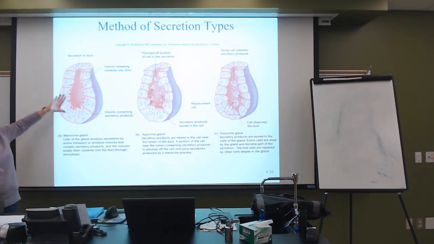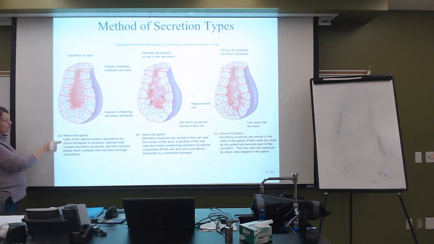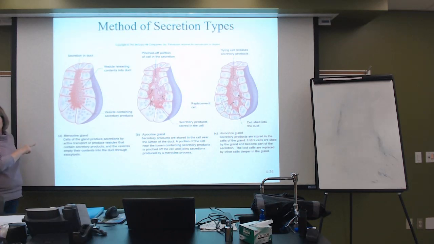If we look at this gland, this one is termed merocrine. Note that the product comes from the cell. We are not seeing cell pieces break off.